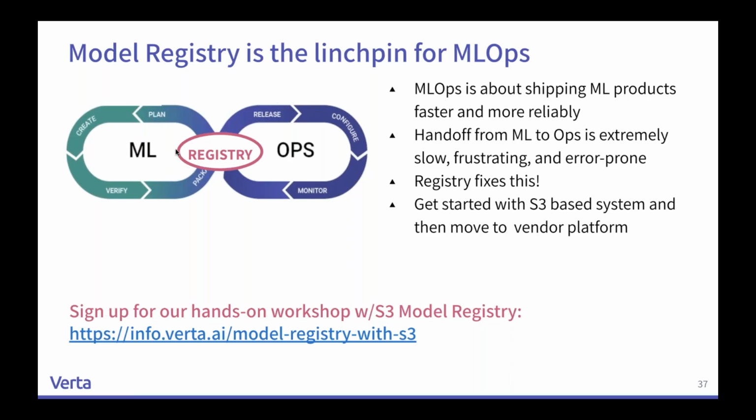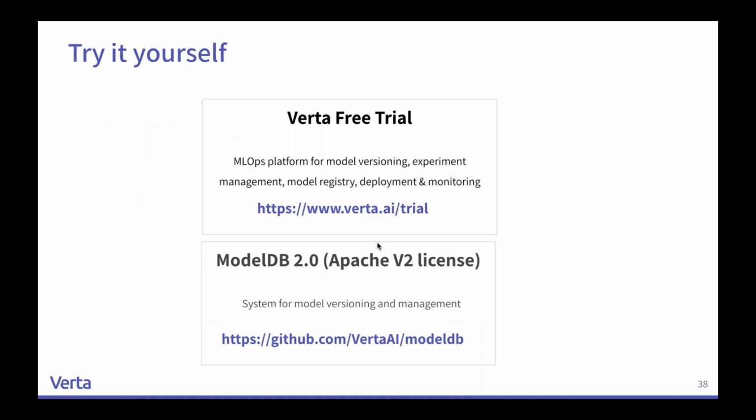Registry lets you collaborate and hand off work more easily. It allows you to layer in governance and controls at the step before you put a model into production. And it also speeds up your general pace of deploying ML models. And as I mentioned, you can start off small, simple, and then move to a vendor platform.